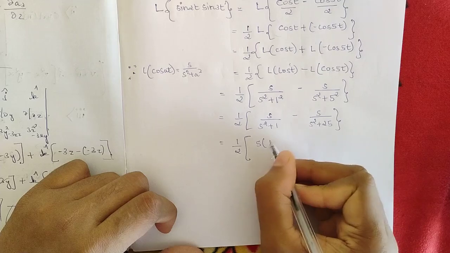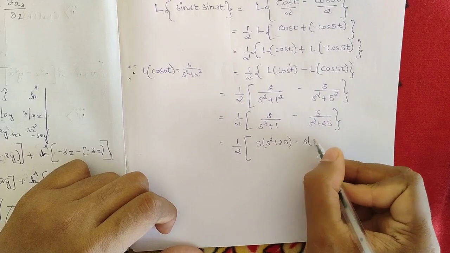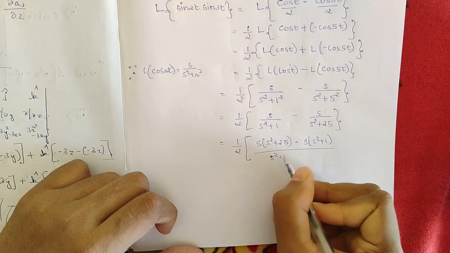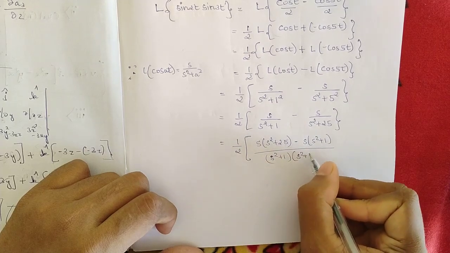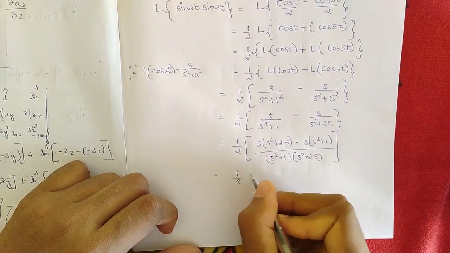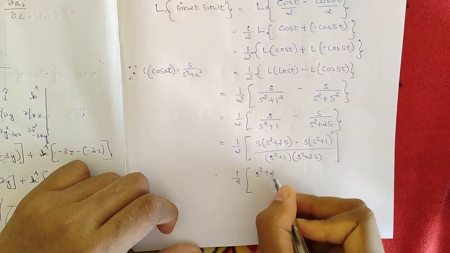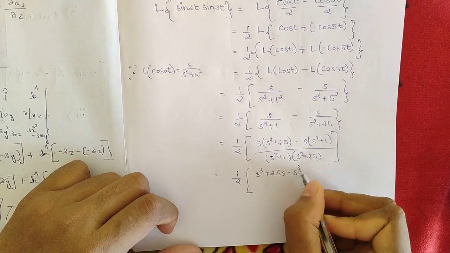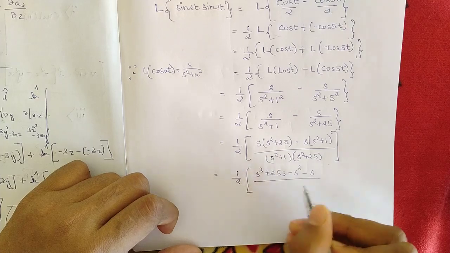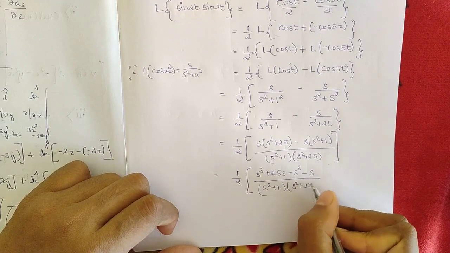So s into (s square plus 25) minus s into (s square plus 1), divided by (s square plus 1) into (s square plus 25), equals 1 by 2 into s cube plus 25s minus s cube minus s, divided by (s square plus 1)(s square plus 25).